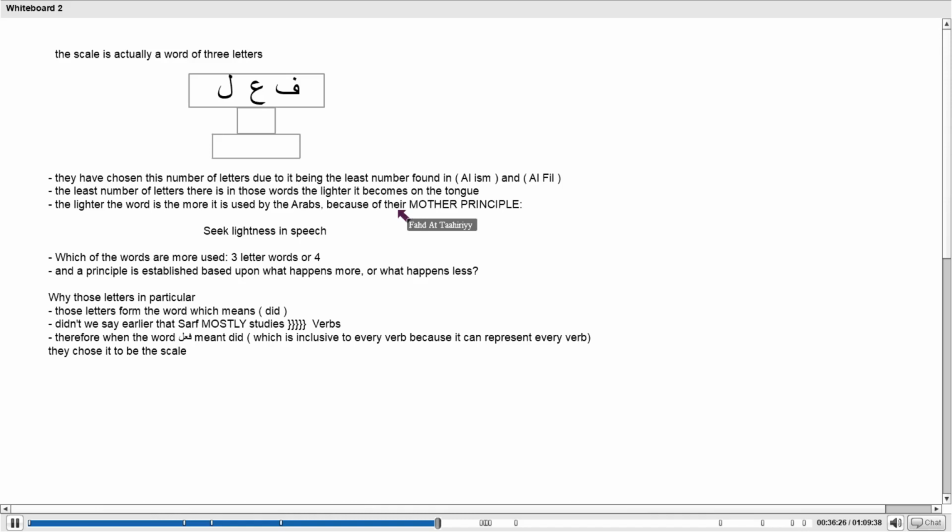They have words which consist of 3 letters, 4 letters, 5, 6, 7. The more letters there are in a word, the less that word is used. Why? Because of this mother principle. Understand?